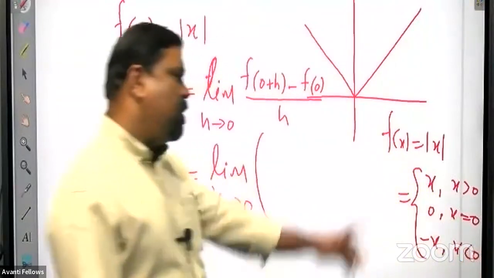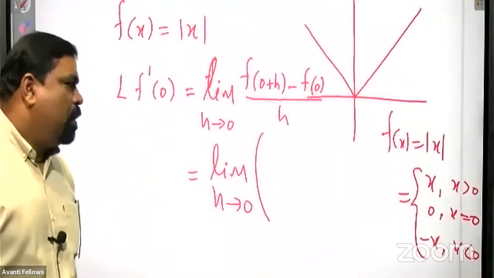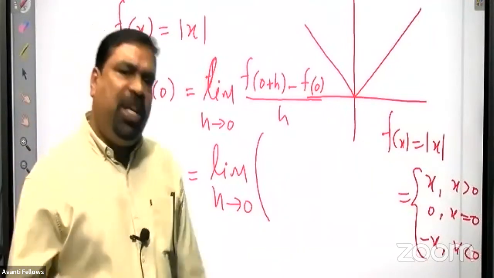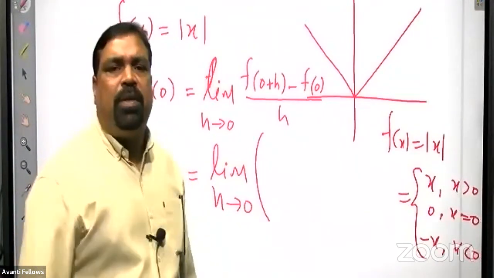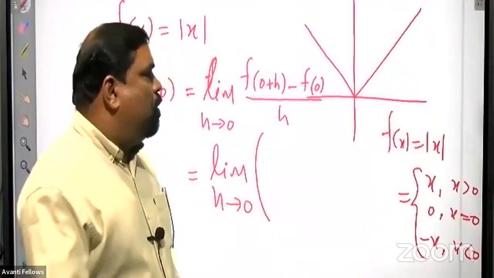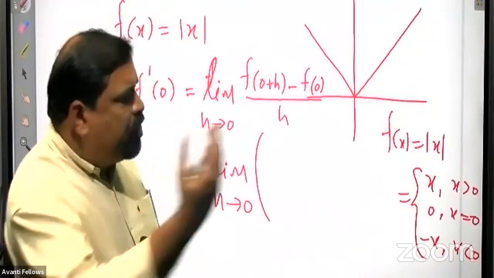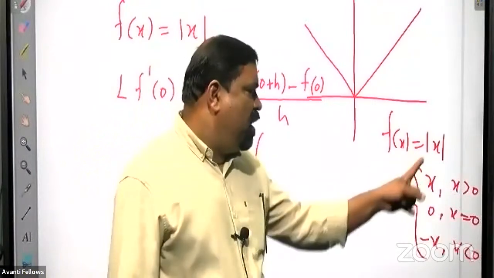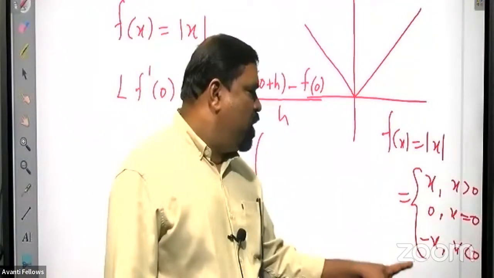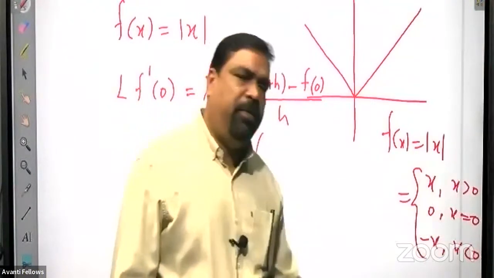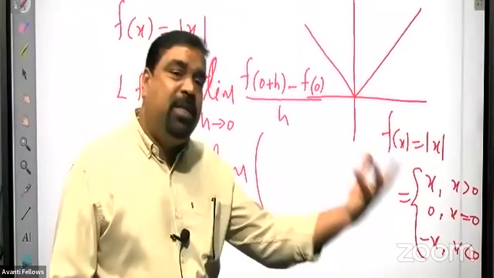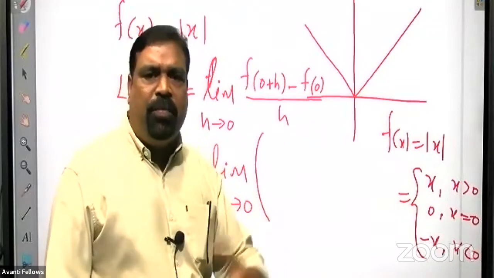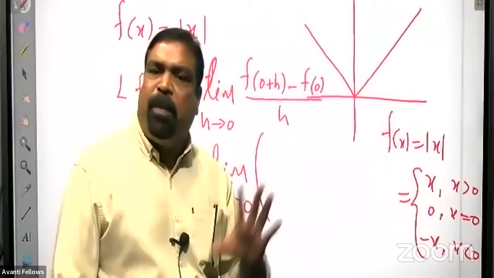This is the definition of mod x. So f of h means mod h. So mod h, which value do we have to take? Mod x equals x if x is positive, mod x equals minus x if x is negative. So mod h may be either plus h or minus h, one of them.